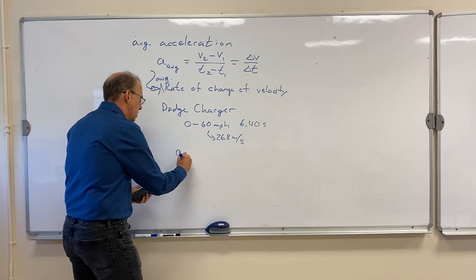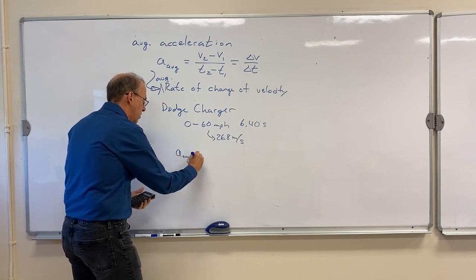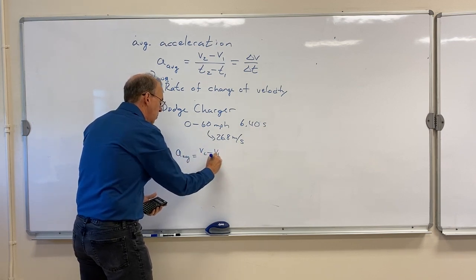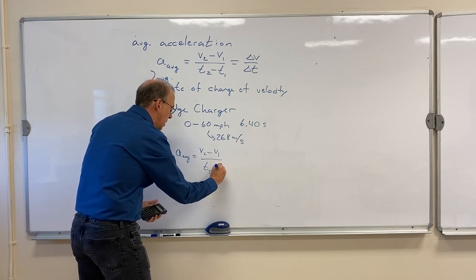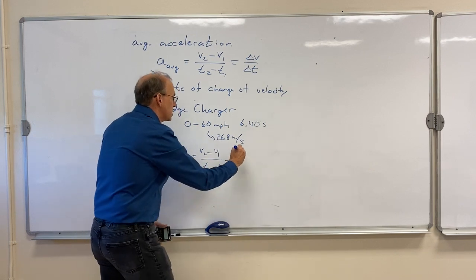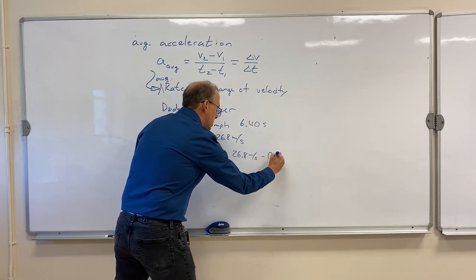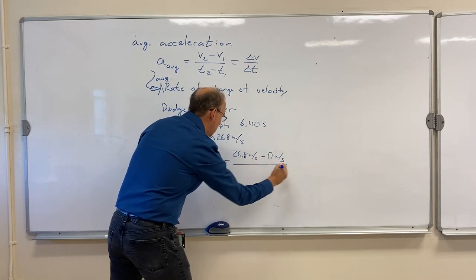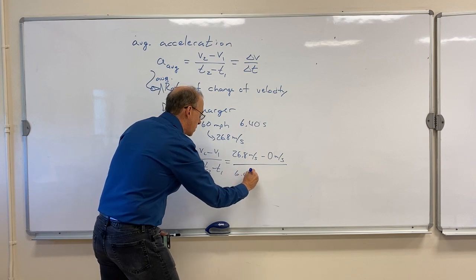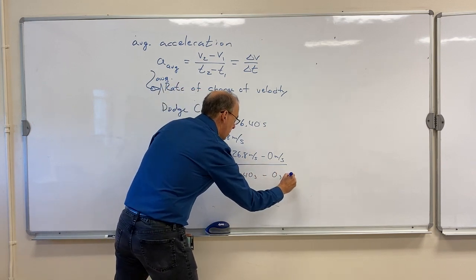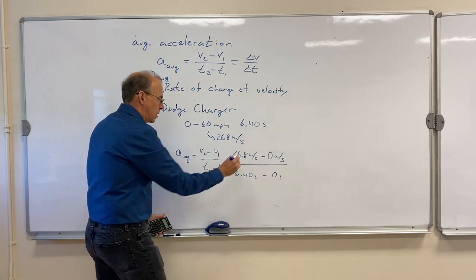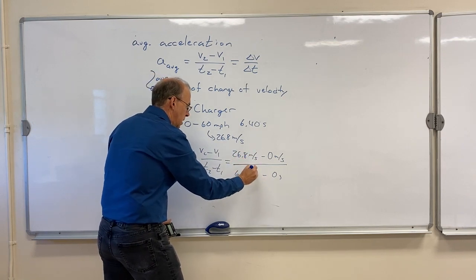So our average acceleration for this Dodge Charger is V2 minus V1 over T2 minus T1, which is 26.8 meters per second minus 0 meters per second over 6.4 seconds minus 0 seconds. So I've got meters per second every second.